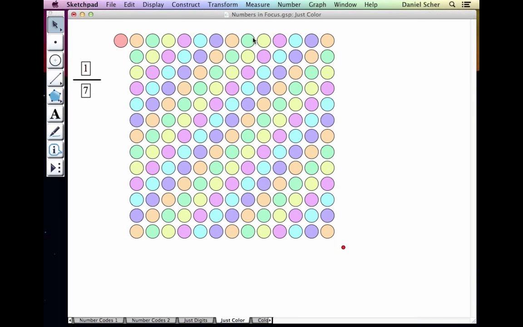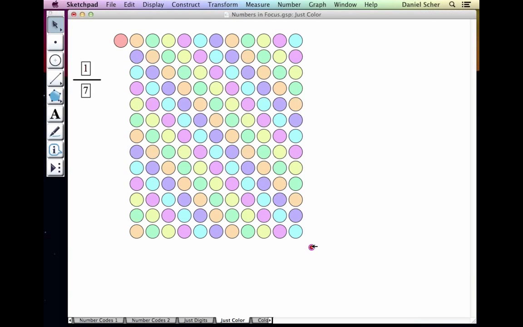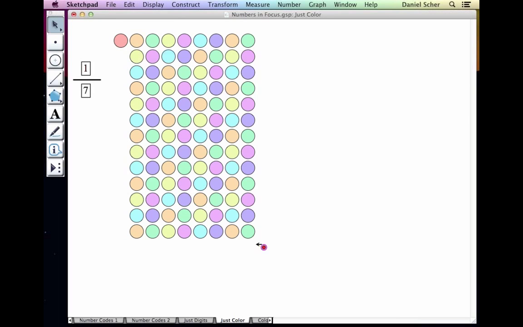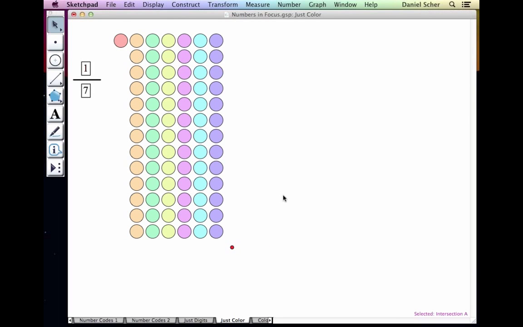And if I keep dragging, we can see when we get to here, the fact that this is a repeating decimal, that the same string of digits, these 6 digits, whatever they might be, these different colors repeat over and over again.